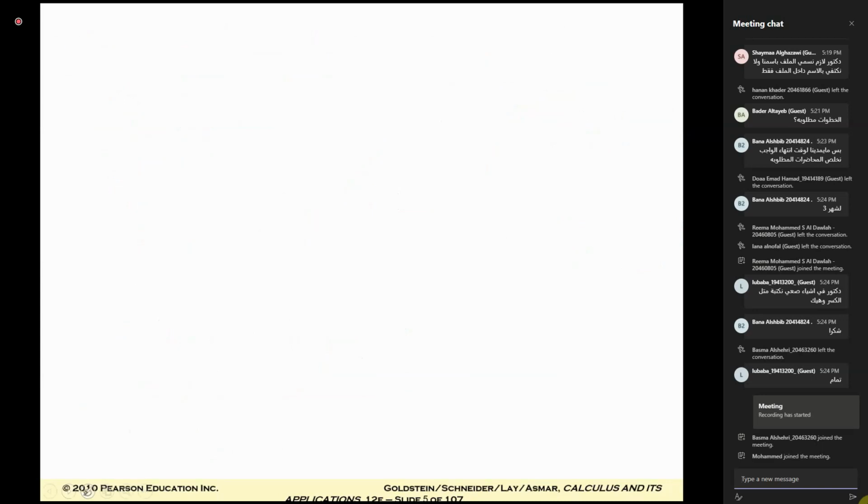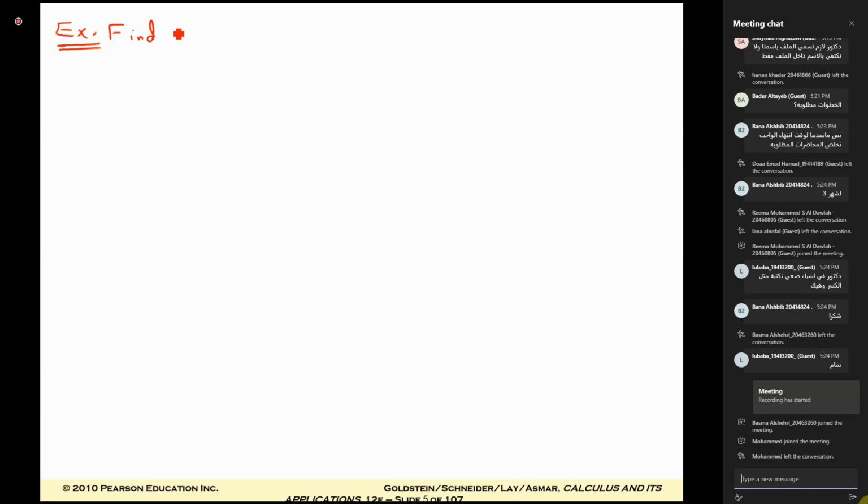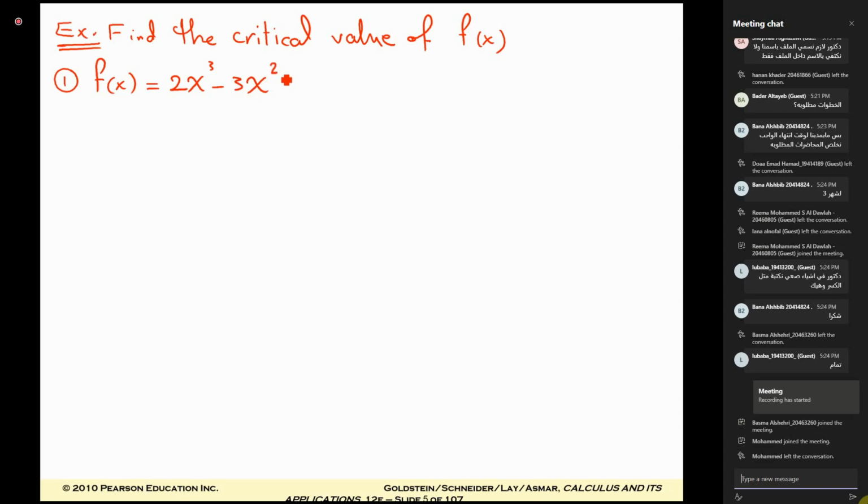Example: find the critical value of f of x. Number 1, f of x equals 2x to the power 3 minus 3x squared minus 12x plus 5.